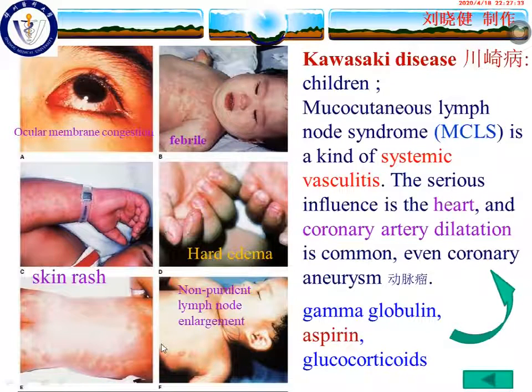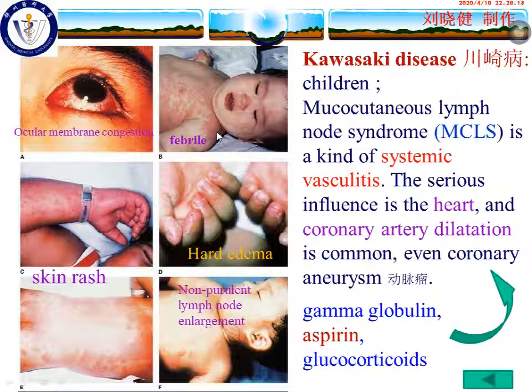Now look at what this disease is. This disease occurs more in children, especially in boys. Mucocutaneous lymph node syndrome is a kind of systemic vasculitis. The patient usually has these symptoms: ocular membrane congestion, skin rash, and fever.